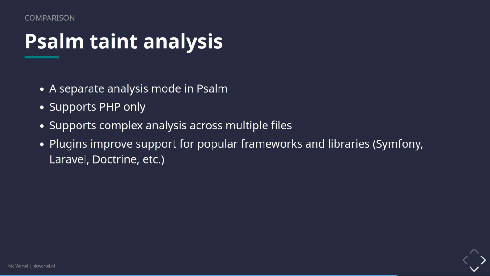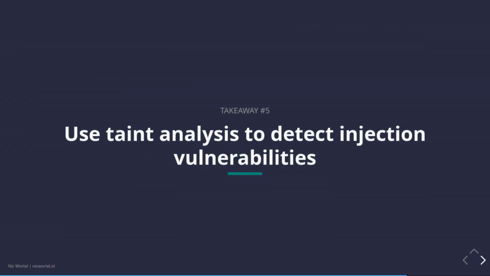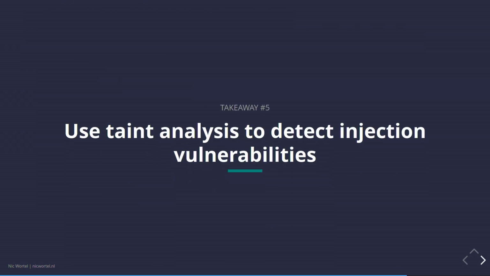Psalm has actually become my favorite for taint analysis, and I've had good results finding these kinds of injection-style vulnerabilities, which other tools would not be able to detect. I'm not saying you should only use Psalm or never use Semgrep. Again, I would advise trying them both and seeing what works best in your situation. But Psalm is definitely my favorite.